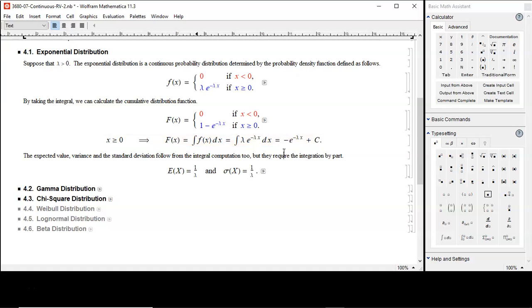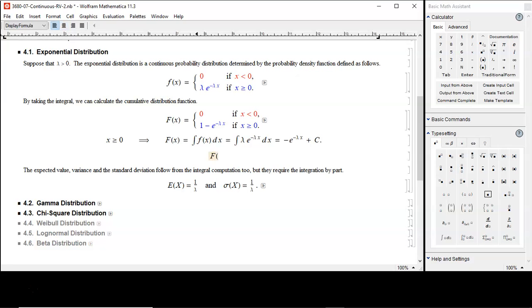How do we find out? Well, please recall that F of positive infinity has to be 1 because everything was accumulated. And what is F of positive infinity? It is this expression when x is infinity.